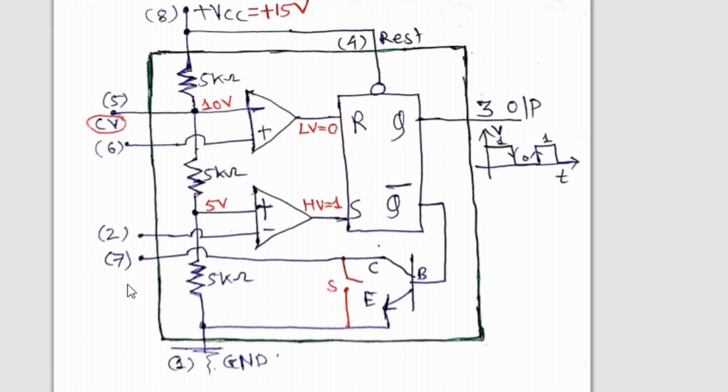In this way, I hope we have succeeded in interconnecting all 4 different blocks which we have studied: potential divider circuit, comparator, flip-flop, and transistor as a switch. Now let us understand how these 4 blocks work, and they generate the square wave at the output.